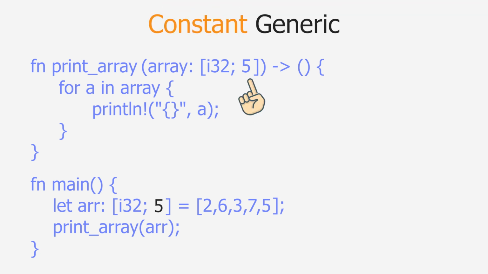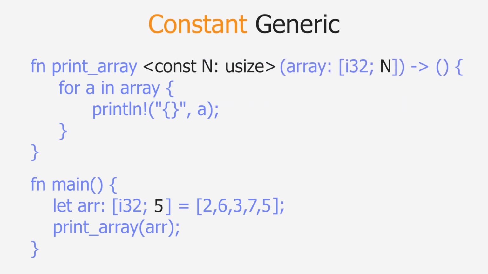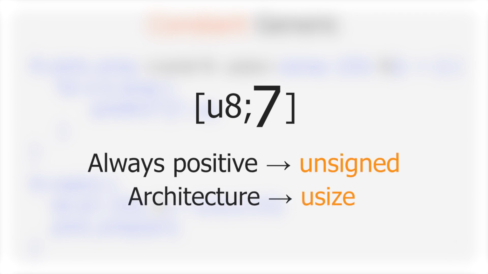So we can modify this array signature to get N values. Since we used a generic, we need to define a type, and this would be a constant value of type usize. The type of this generic will always be usize because when you mention a length or size in Rust, it is always usize because size cannot be negative, so unsigned, and Rust wants the number to match the architecture. That's why it is a usize.